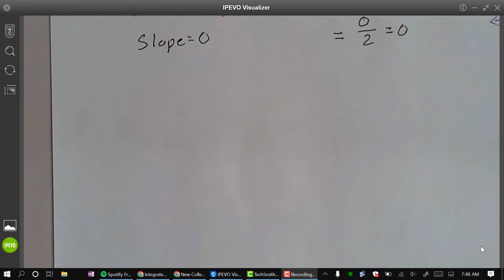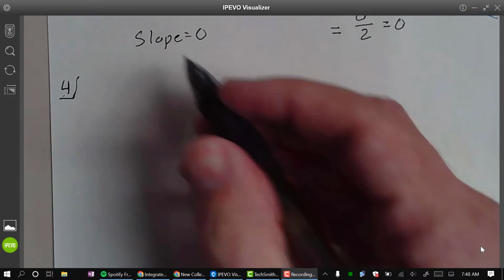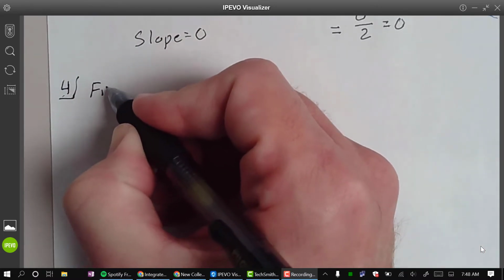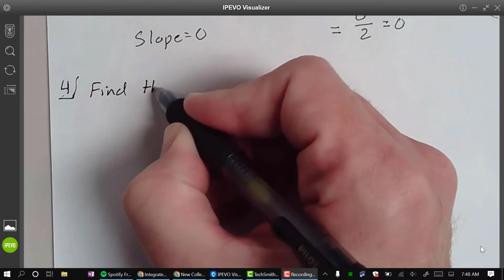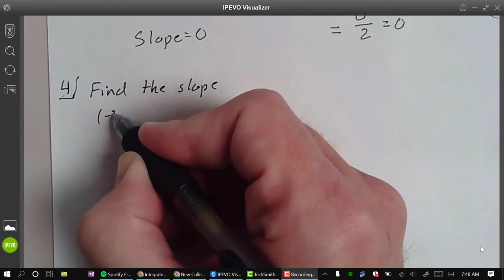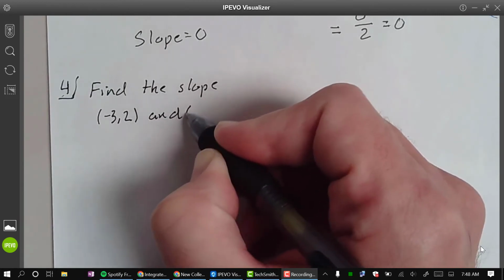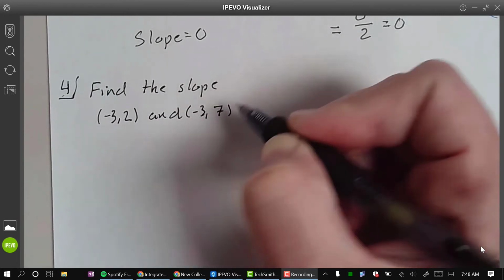Let's take a look at another example. Find the slope. -3, 2, and -3, 7.